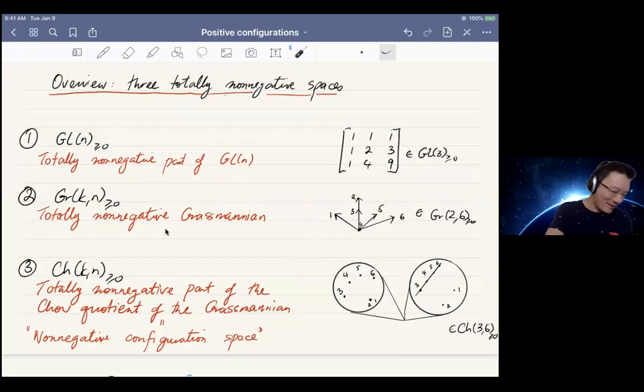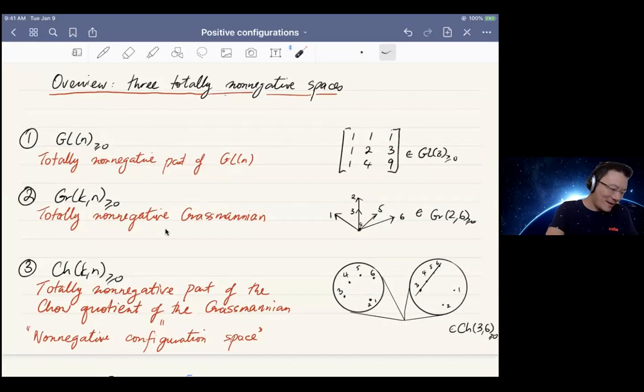Here I've drawn a little cartoon of a point in the total non-negative Grassmannian Gr(2,6), and I drew a degenerate, special configuration. The vectors 2 and 3 are parallel, and the vector 4 is the zero vector.